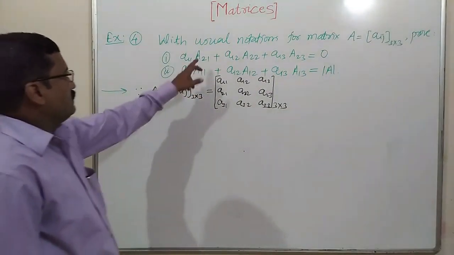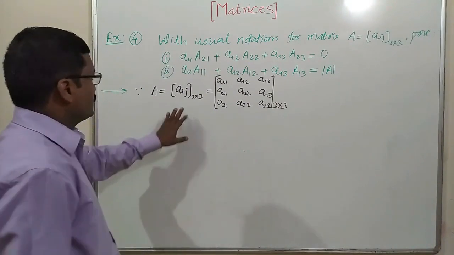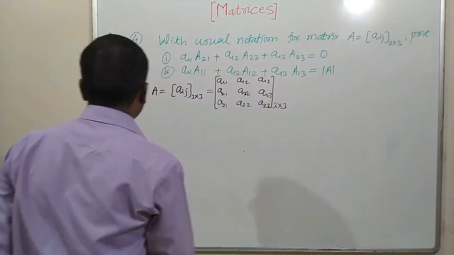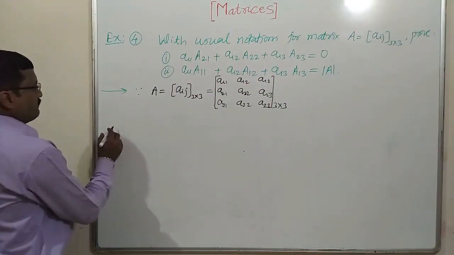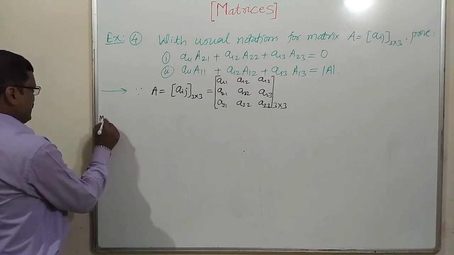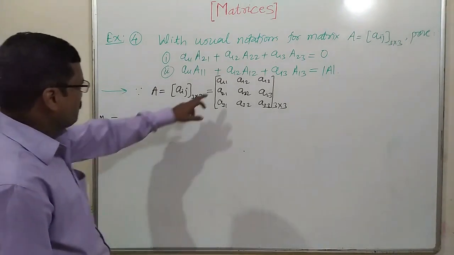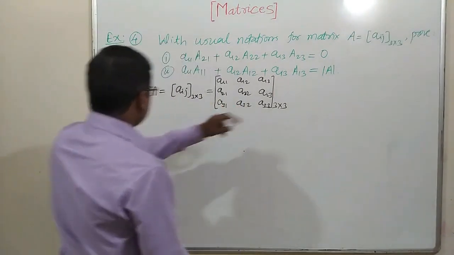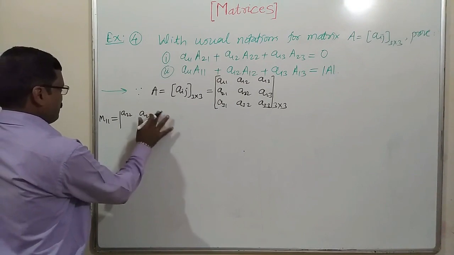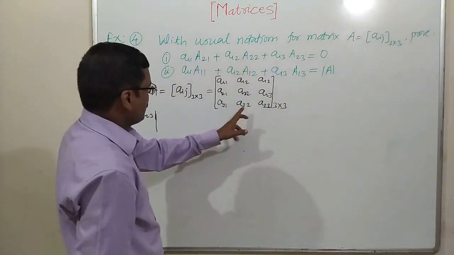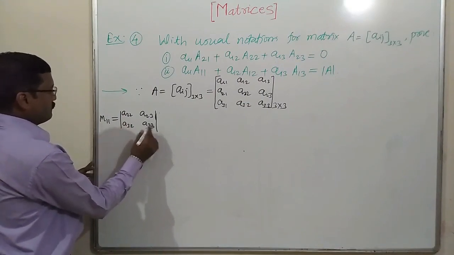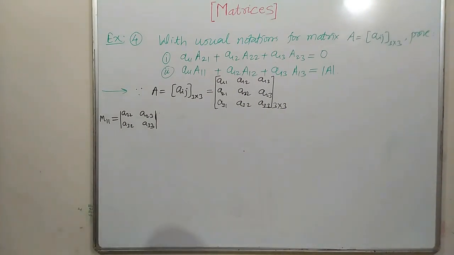But here we need the cofactors. From this we will find cofactors of all these elements, means the cofactor matrix. So first I will write here M11, the minor of the first element, that is a22, a33 determinant: a22, a23 and a32, a33. This is our first minor.